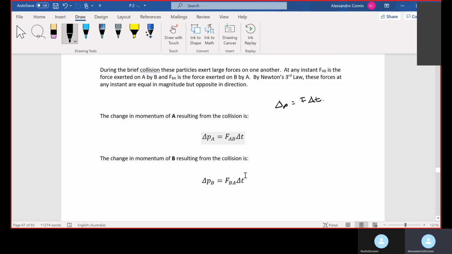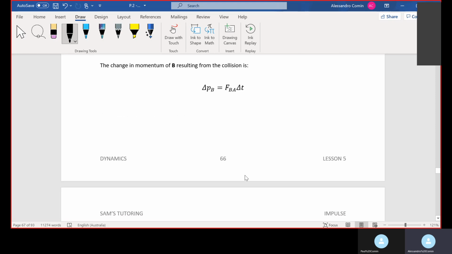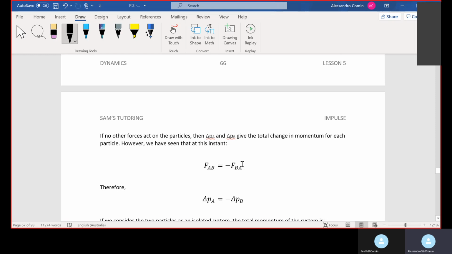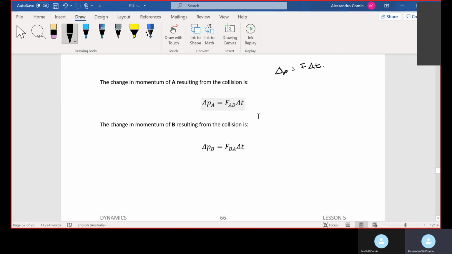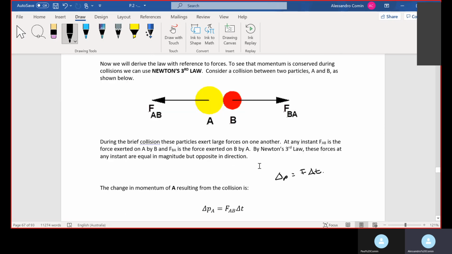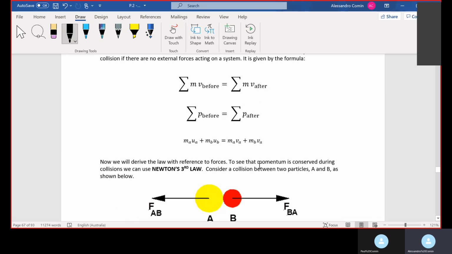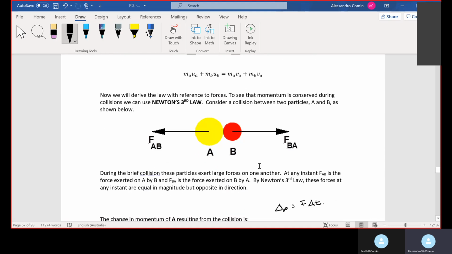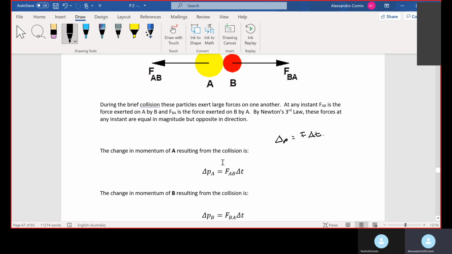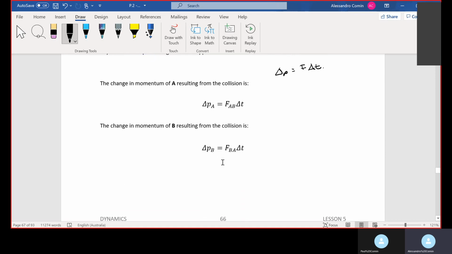The delta T is going to be the same, and we're going to see what happens. So remember, these two are equal through Newton's third law. FAB is equal to minus FBA. And we also have delta T's equal because they're part of the same collision. If you want more clarity, I suggest reading the notes. It's just that they collide, and we're talking about the collision in terms of momentum and forces.